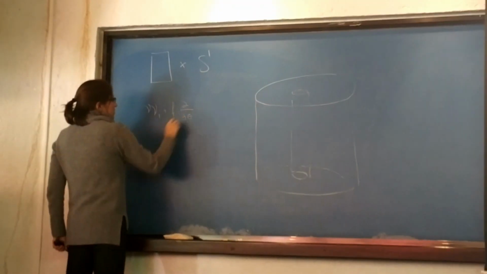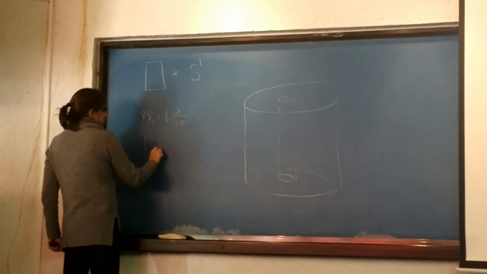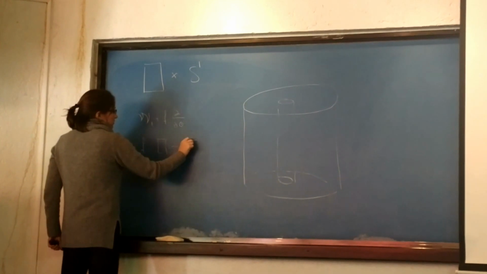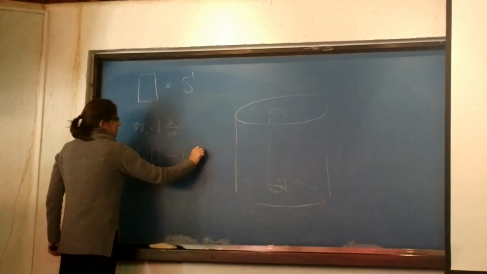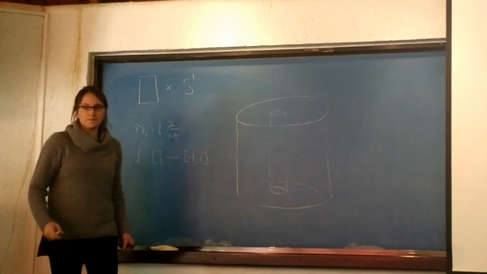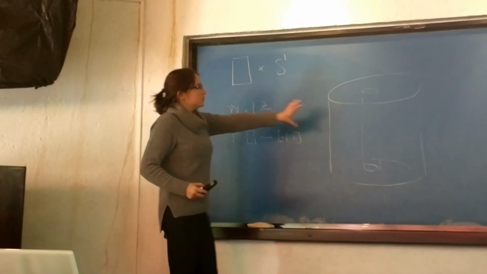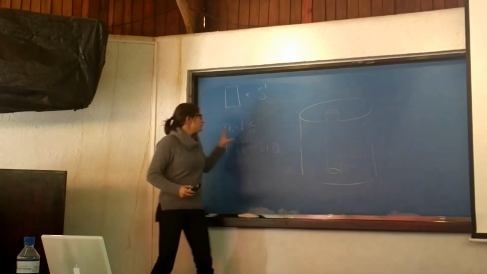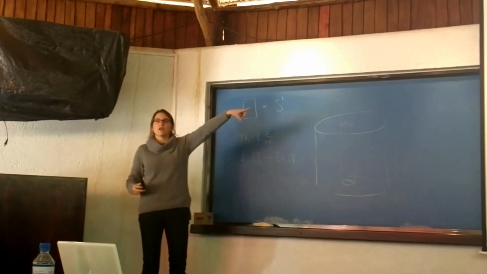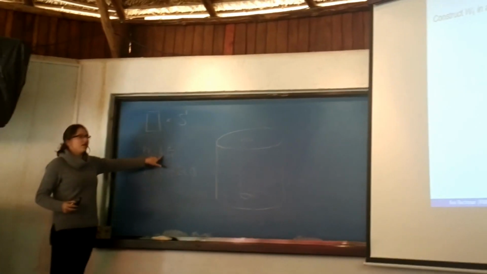This function is defined on the rectangle and has values from minus 1 to 1. So I want to put a vector field here: the vector field I have in the rectangle, plus W1 plus f d on dt.